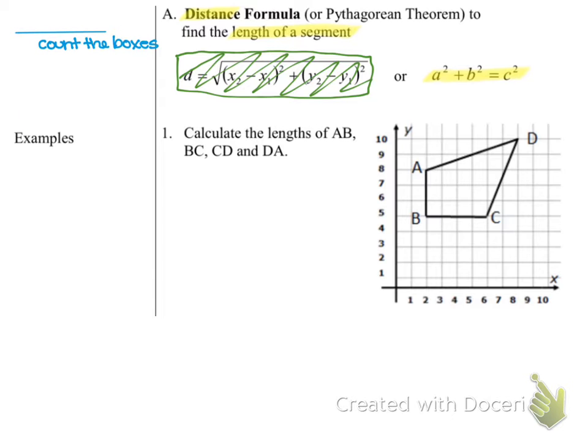If it's vertical, just count the boxes. If there is a tilt, though, to the graph, I'm going to go over to my Pythagorean theorem here. I'm going to say this in green. I am going to use a squared plus b squared equals c squared if my line segment is tilted.